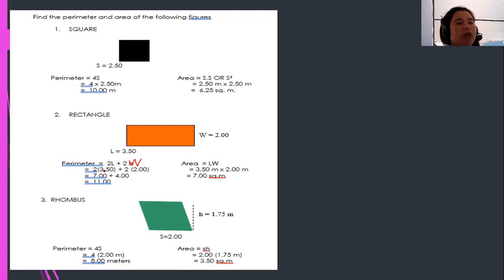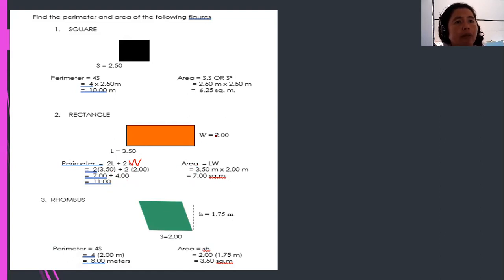So 2 times 3.50 plus 2 times the width, which is 2. So 2 times 3.50 equals 7 plus 2 times 2 is 4. So 7 plus 4 is equivalent to 11. How about the area?